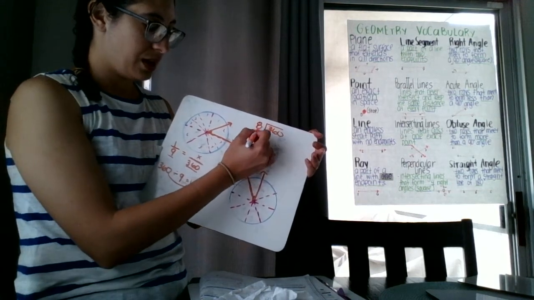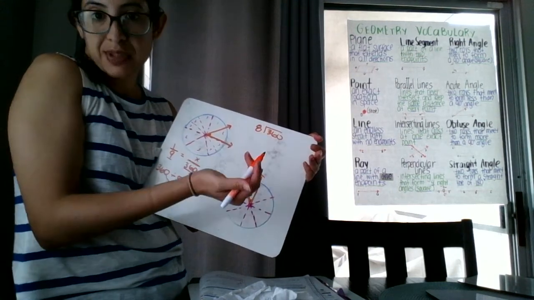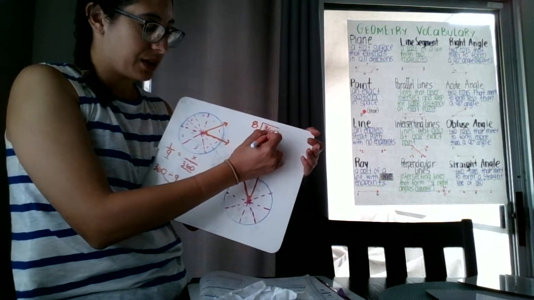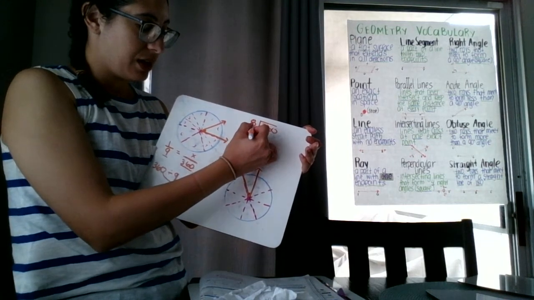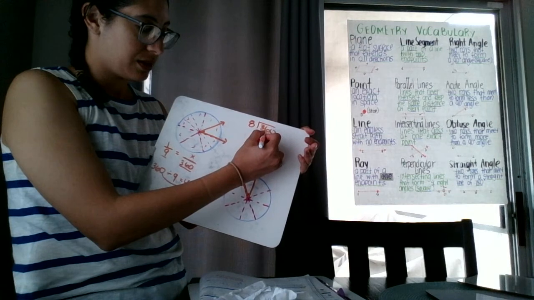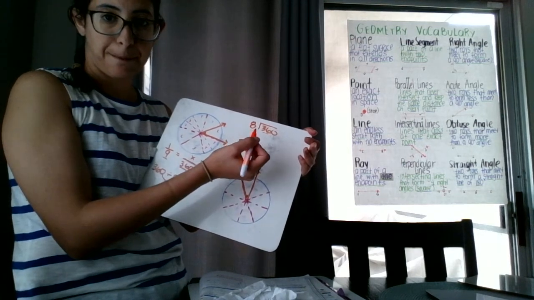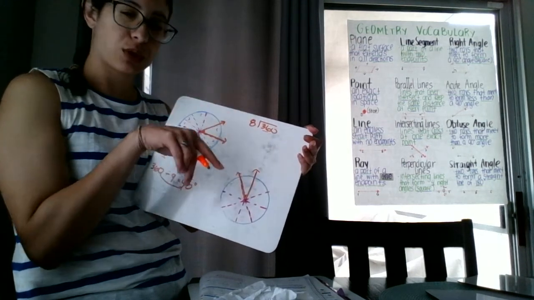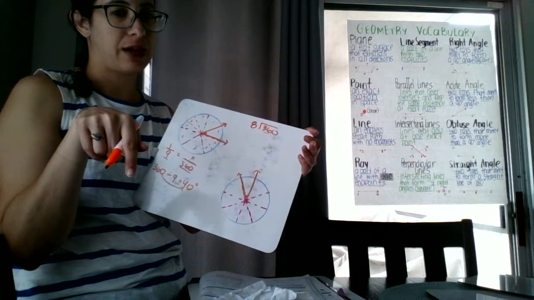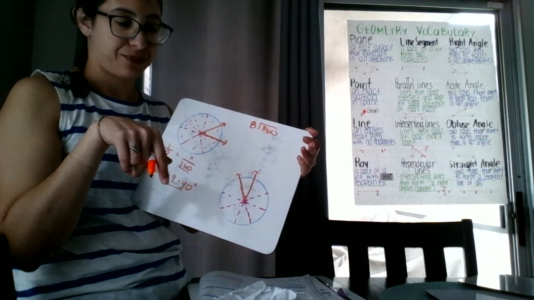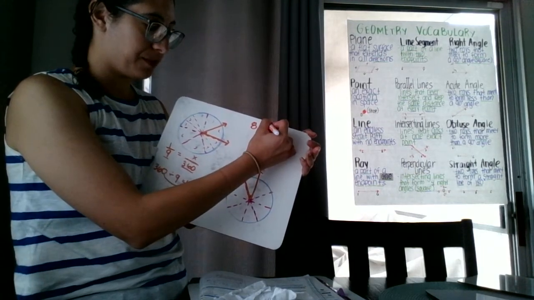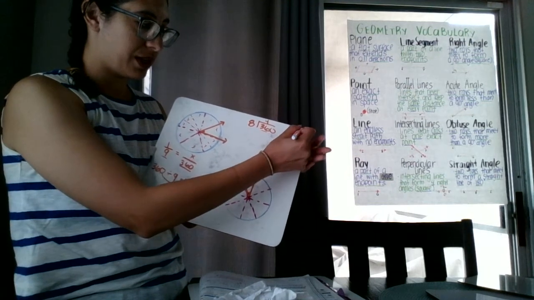Okay, 8 goes into 3. It can't. It's too big. So we have to look at this as a 36. 8 goes into 36. How many times? 8 times 4 is 32. 8 times 5 is 40. So it has to be 4. So we divided.